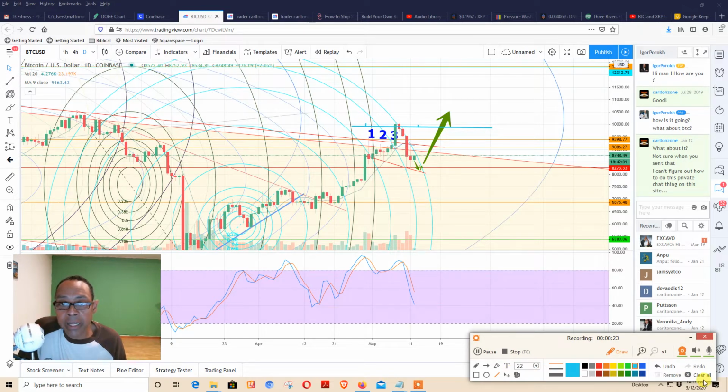But I don't know what the possibility of that is. So we've got to eclipse this peak right here. I didn't draw that line right at the top. But if we get a higher high, then it might be bull market time. So there we go. That's our bullish scenario.